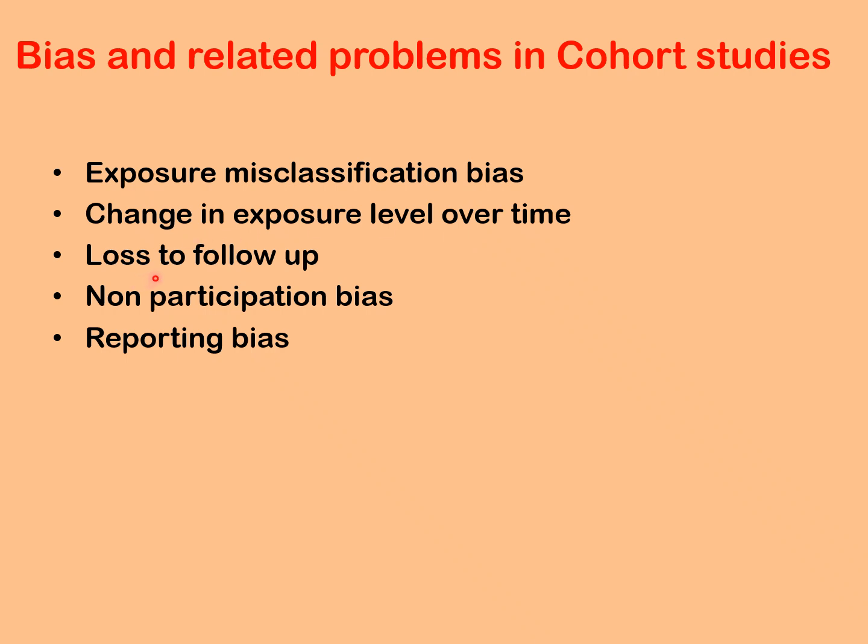Next is loss to follow-up: missing data due to subjects dropping out from the study. Non-participation bias occurs when those who choose not to participate differ systematically from those who do participate. Last one is reporting bias. This is inaccurate information given by the participants during the study.